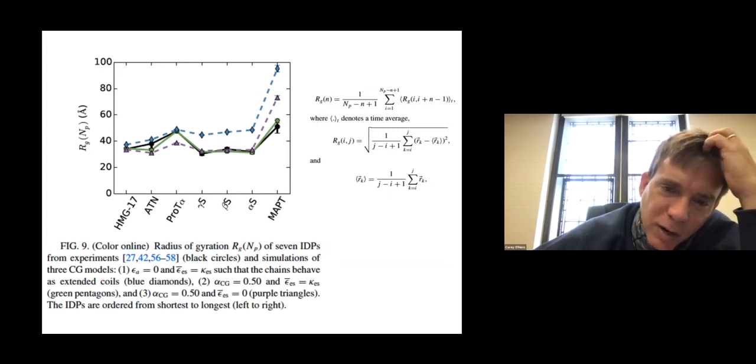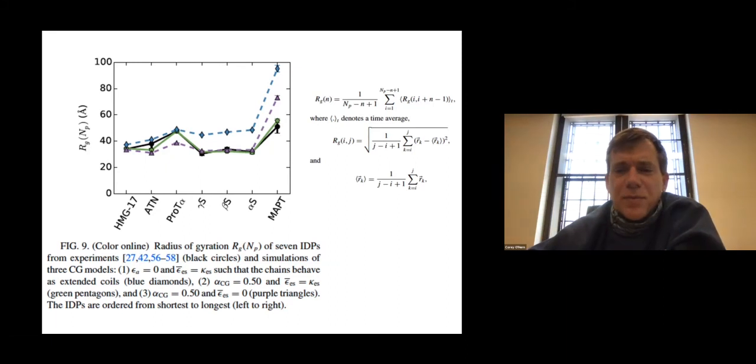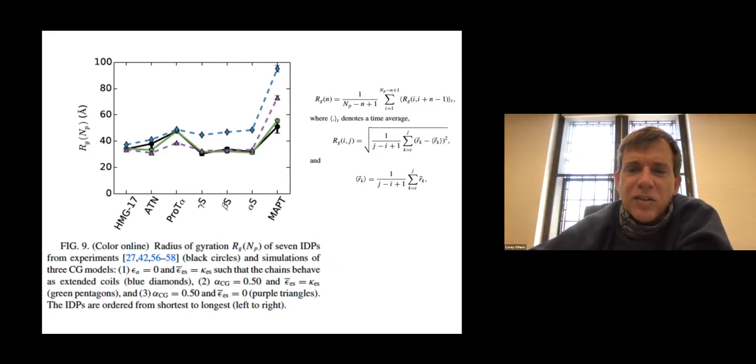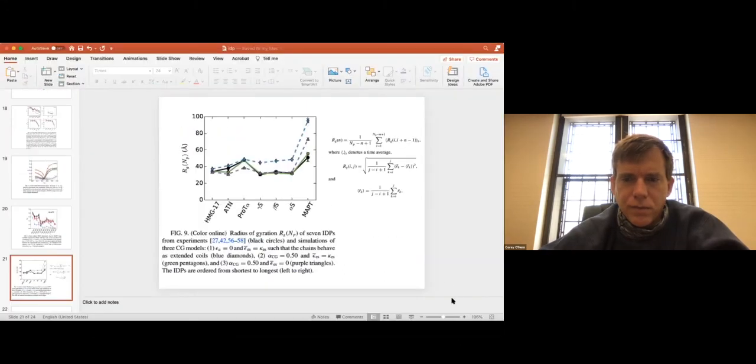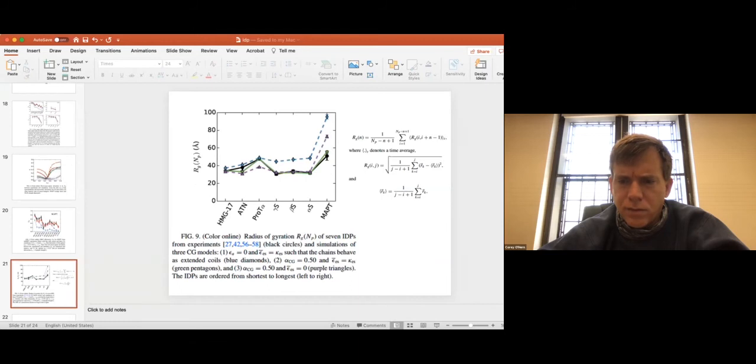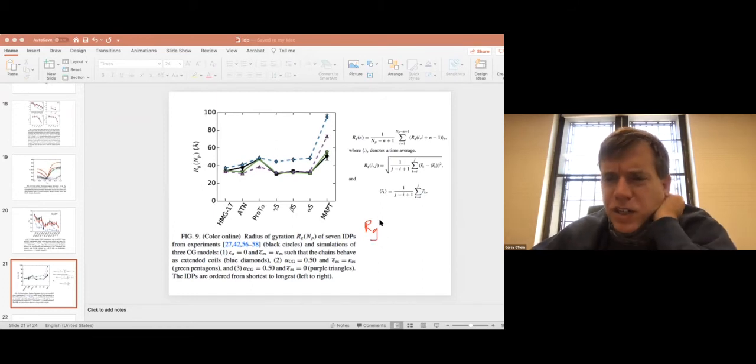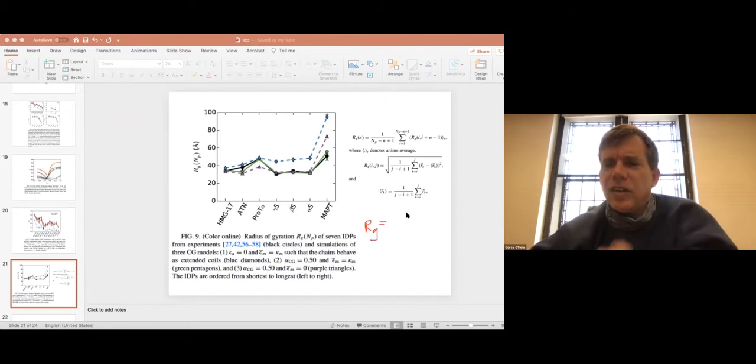So that would be the radius of gyration, and basically the radius of gyration as a function of amino acid separation. So I'm writing on my screen here, I have RG, the radius of gyration.